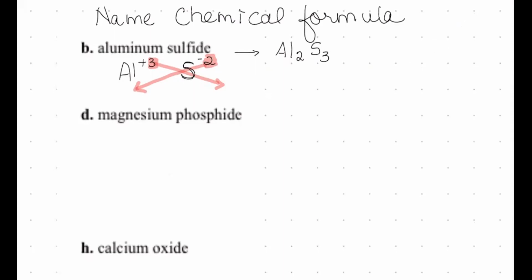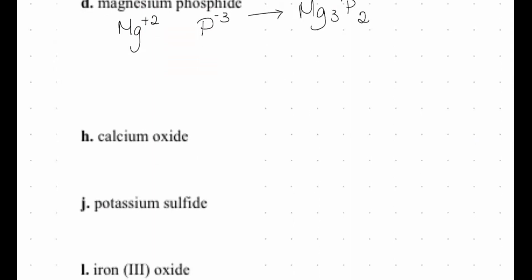So in a similar fashion, what is the chemical formula for magnesium phosphide? Magnesium phosphide is made out of Mg. It lives in 2A, so it's +2. Phosphide refers to phosphorus. Excellent. This is Mg3P2. Let's do the next one. Calcium oxide. Ca2+, O2-.